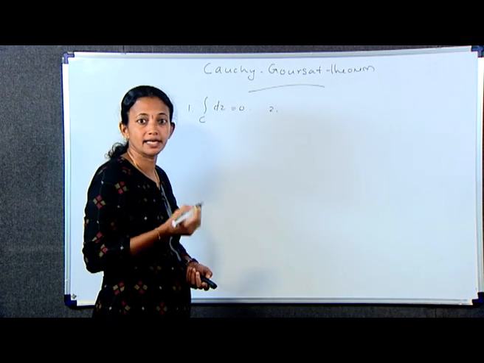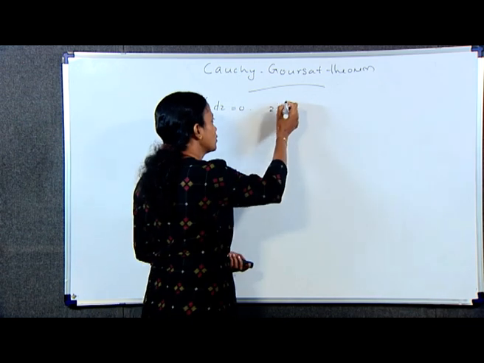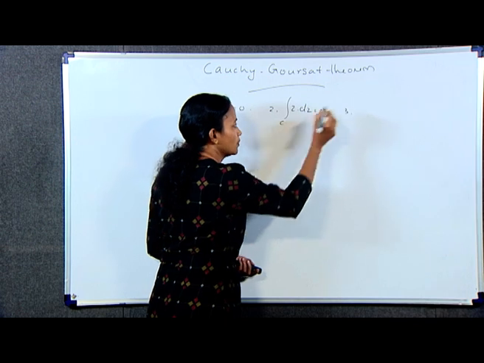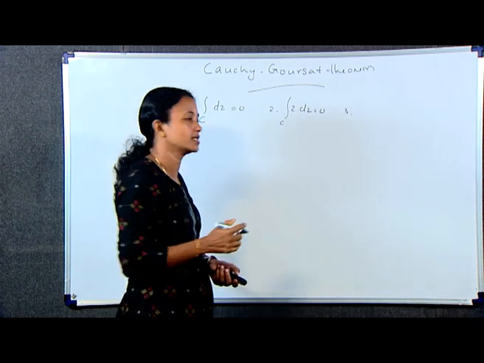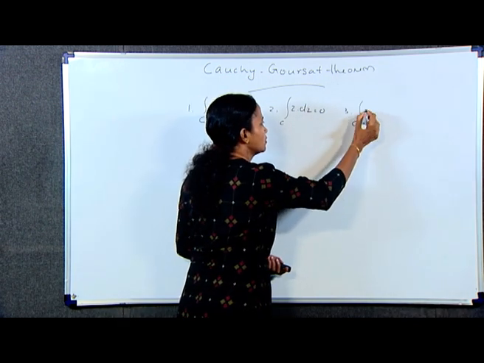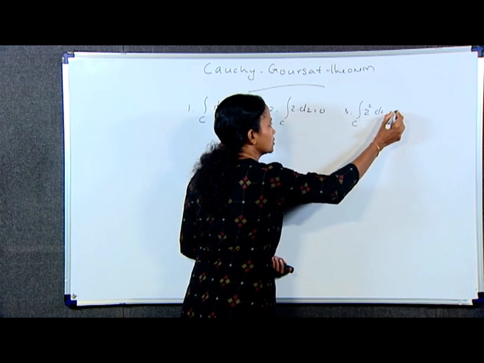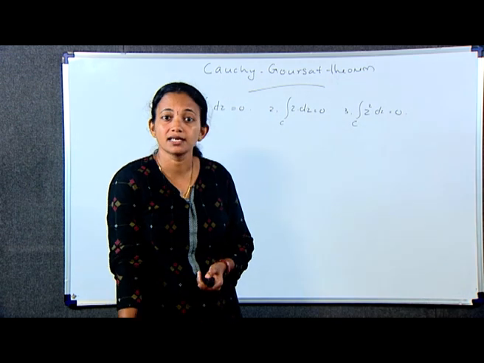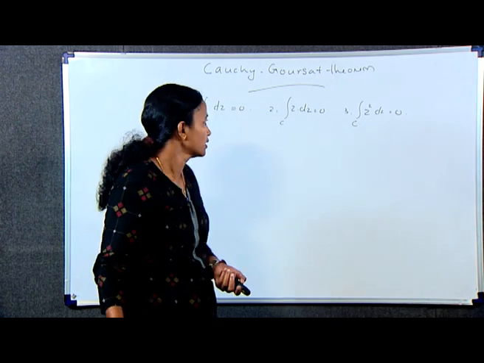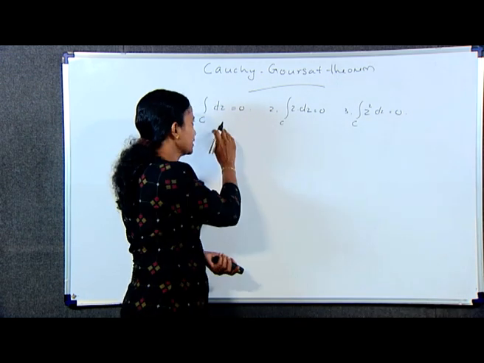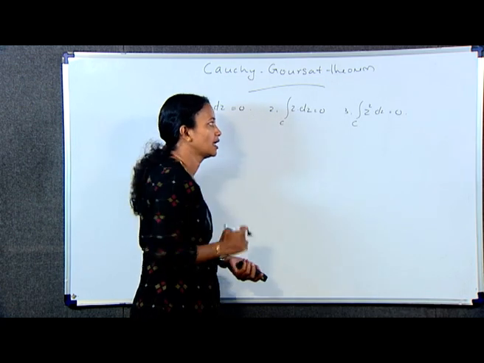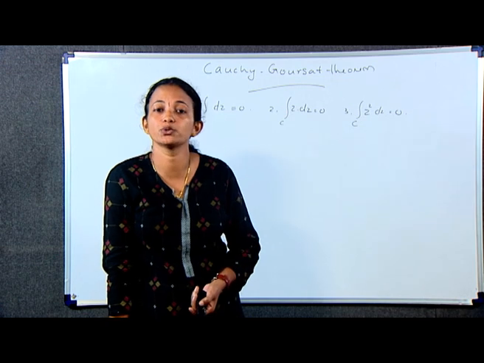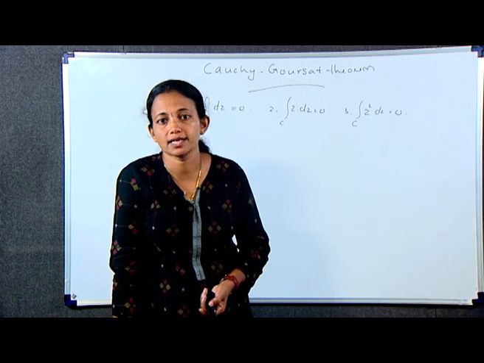Second one is the integral over C of z dz equal to 0. Third one is the integral over C of z square dz equal to 0. We verify the third statement only, leaving the rest as an exercise, that is, the first and second as exercise. I am going to prove the third one, first without using the Cauchy-Goursat theorem.